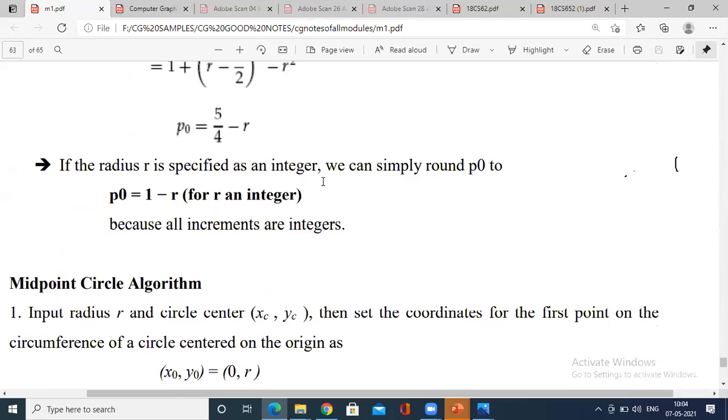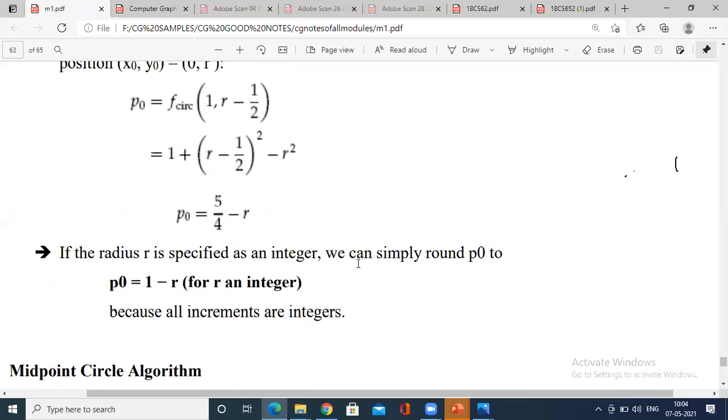If the radius r is specified as an integer, we can simply round up p naught to 1 minus r, since all the increments are integers.